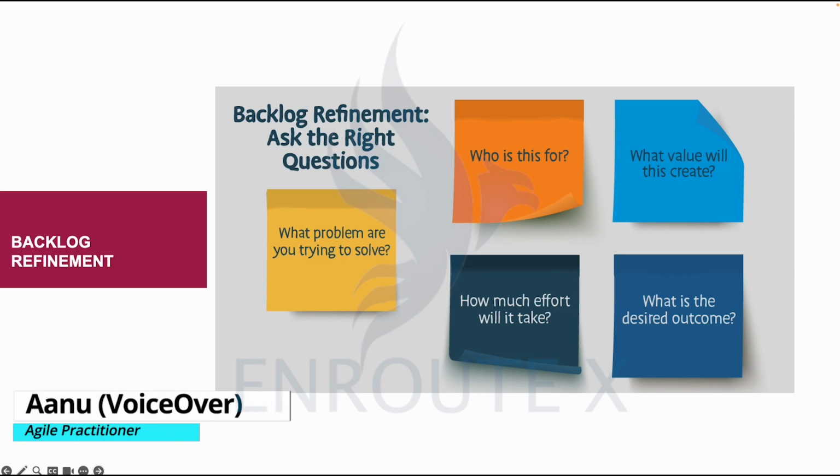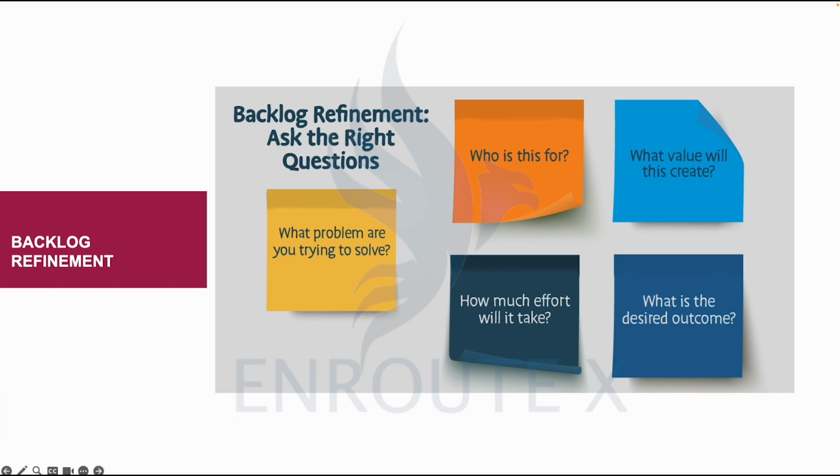In this class, we will be looking at backlog refinement. Backlog refinement is also called backlog grooming. So we call it either the backlog refinement meeting or the backlog grooming meeting.